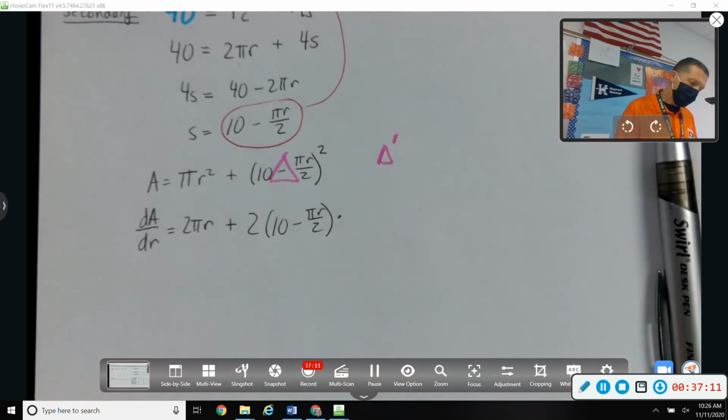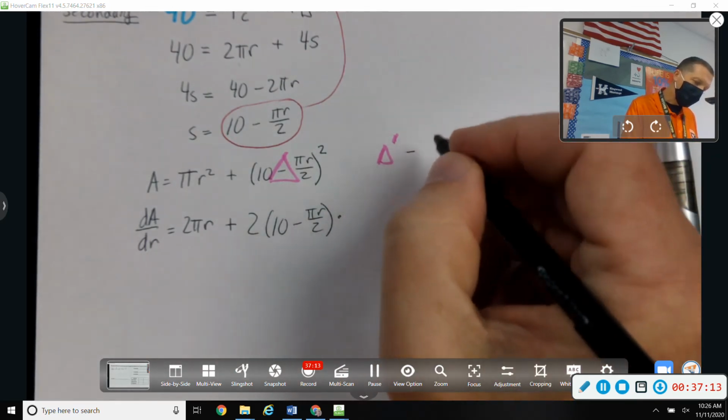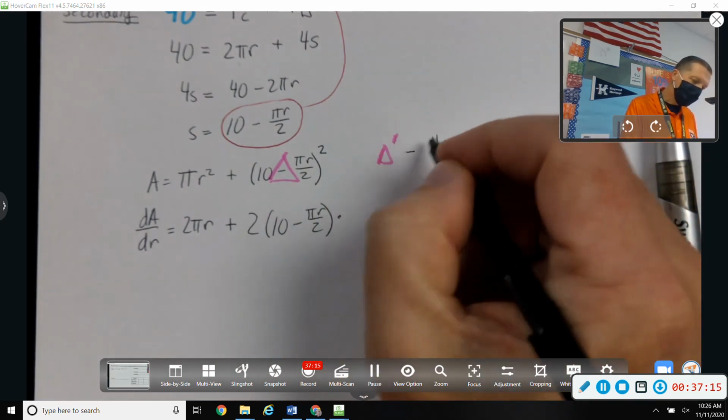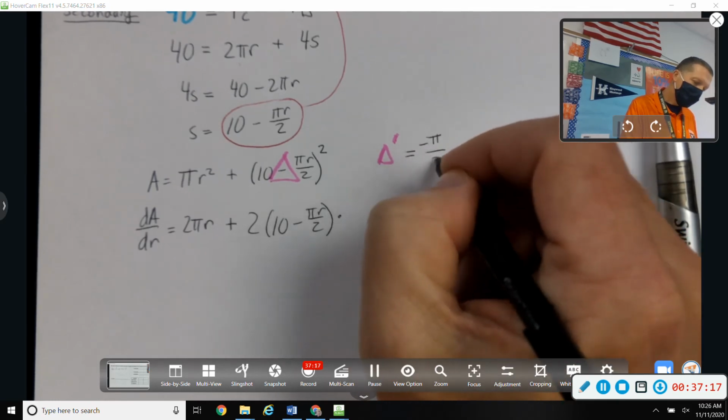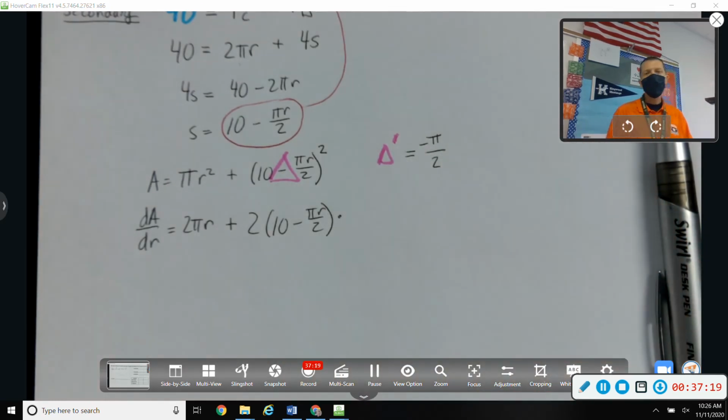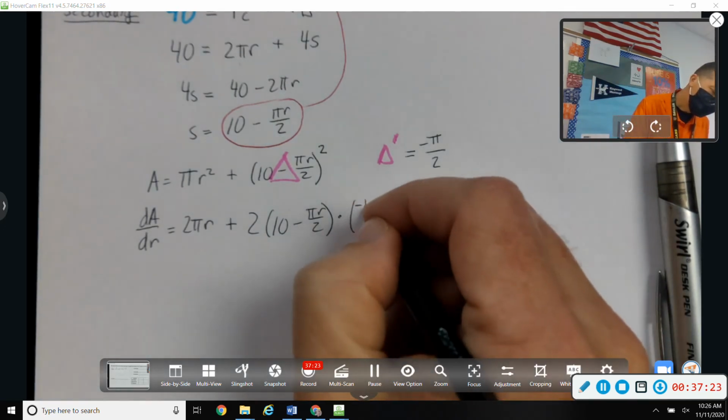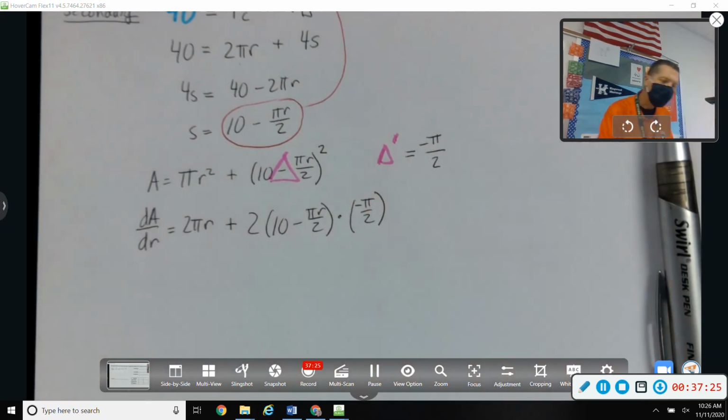Would be negative pi over 2, because the derivative of r would just be 1. So negative pi over 2. So I think that was easier in calculus world than in algebra world. But if you'd rather square it out, it's okay.